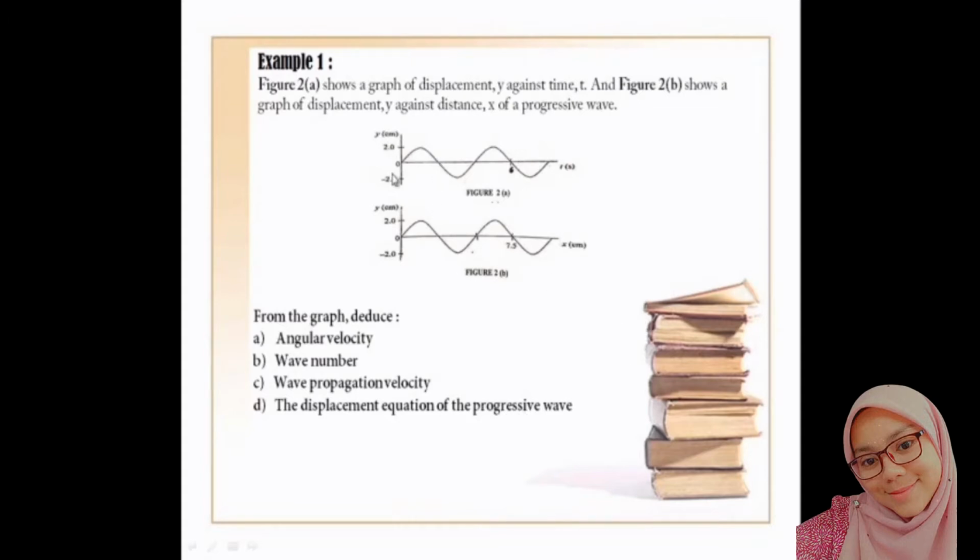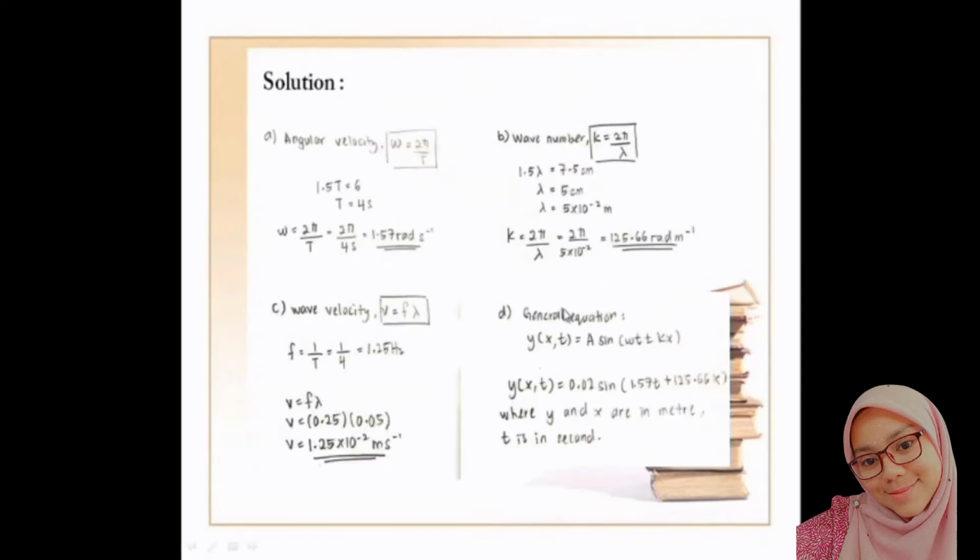Okay, so from this graph, you guys can see dibagi graf y against t, di mana kita boleh guna graf ni untuk cari dia punya period, and dibagi graf y against x ni kita boleh guna untuk cari dia punya lambda.